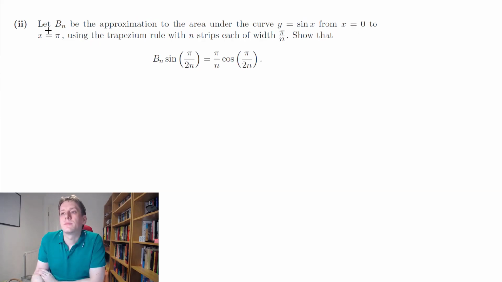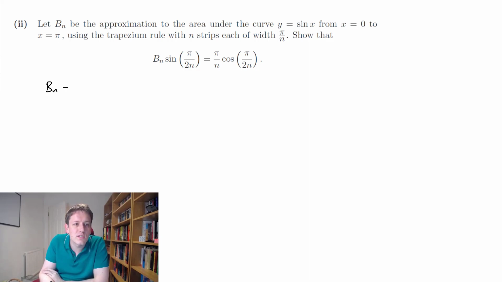In part 2, we are asked to do the approximation again, but rather than using this midpoint rectangle rule, we are going to use the ordinary trapezium rule with n strips, each of width pi by n. I think you're probably more familiar with the trapezium rule from A level perhaps. It's the one that you're examined a bit more.